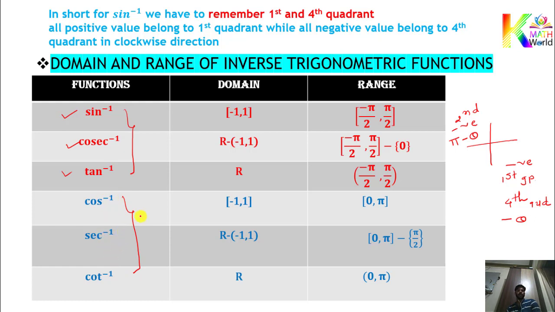So for negative values, the second group gets the second quadrant, while the first group gets the fourth quadrant and negative direction, minus theta. Now whatever we discussed, you can see in the next slide.